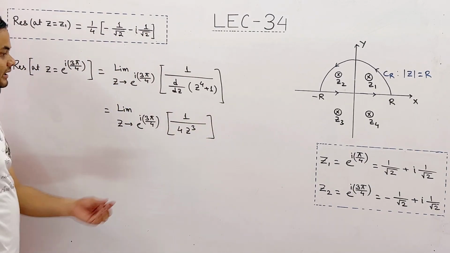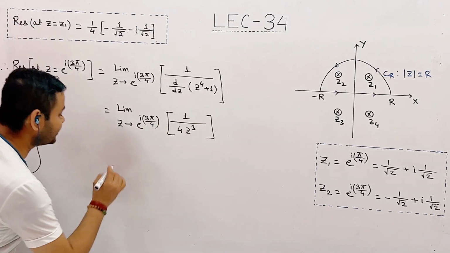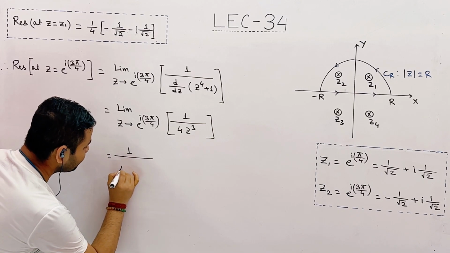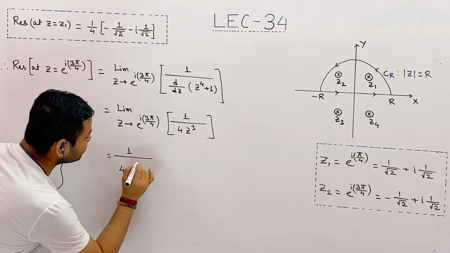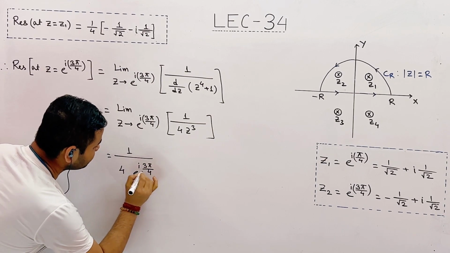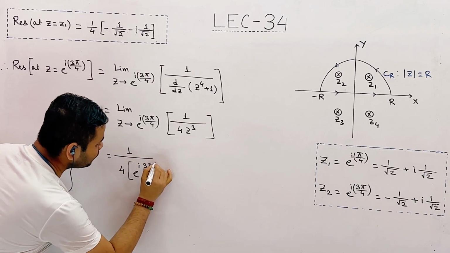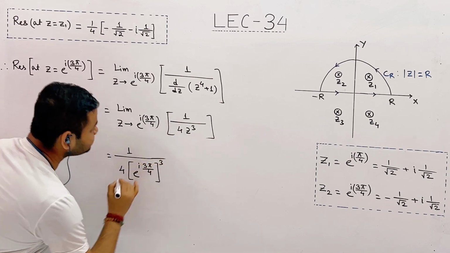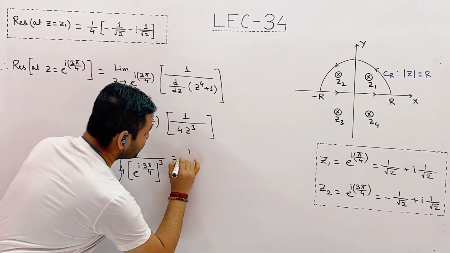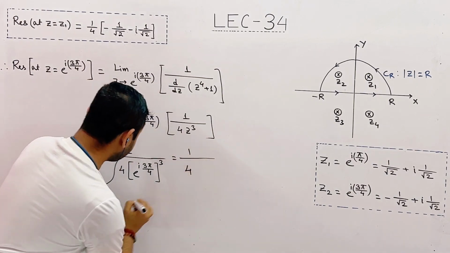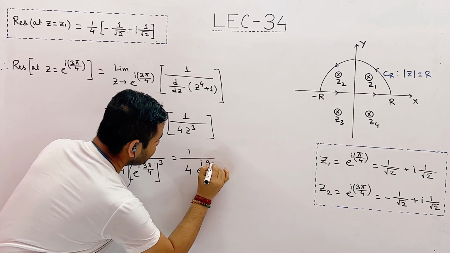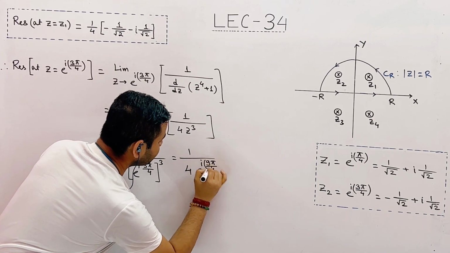Next, let us put the limit here. So, after putting the limit, we will get 1 divided by 4 into (e to the power iota into 3 pi by 4) whole to the power 3. So, after simplifying, we will get 1 by 4 into e to the power iota into 9 pi divided by 4.